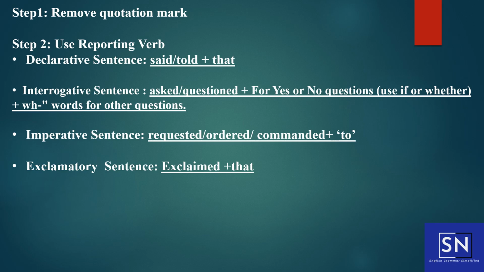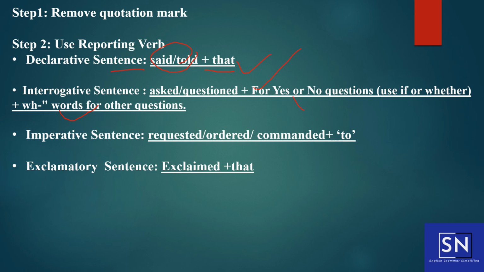For example, for declarative or assertive sentences, you should use reporting verbs like said and told. With that, we are going to include the conjunction that. Then, for interrogative sentences, identify whether the question is a yes or no question or a WH question. In interrogative, there are two types.